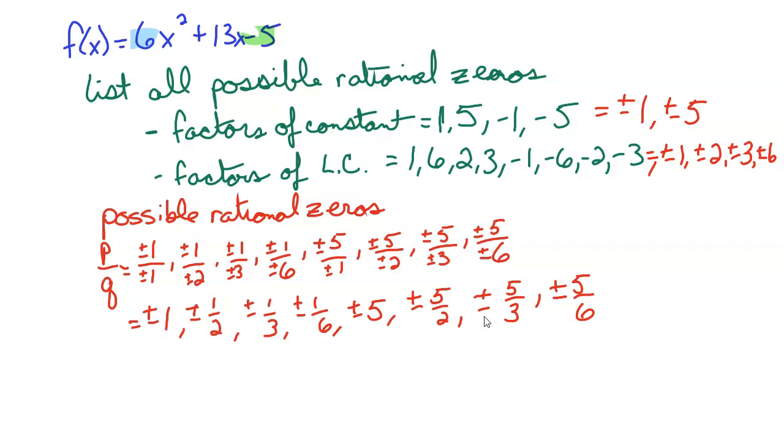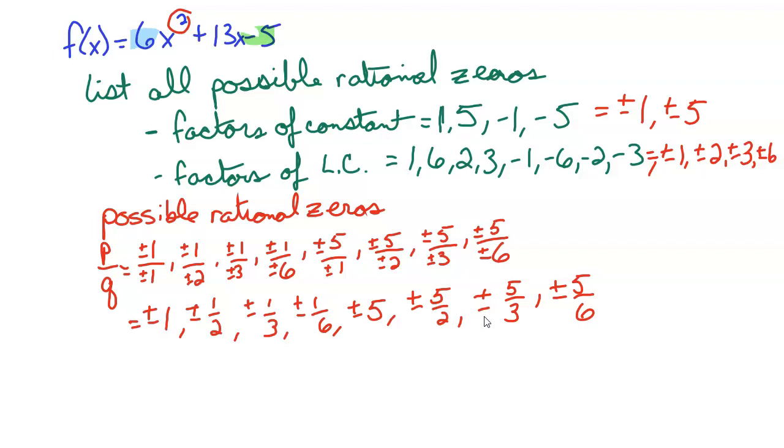Does that mean that these are all zeros? Well, no. I'm only going to have 2 zeros. But these are the possible zeros. If it is not in this list, such as a 4 or a 7 or a 1/8, it is not going to be a zero of this function.